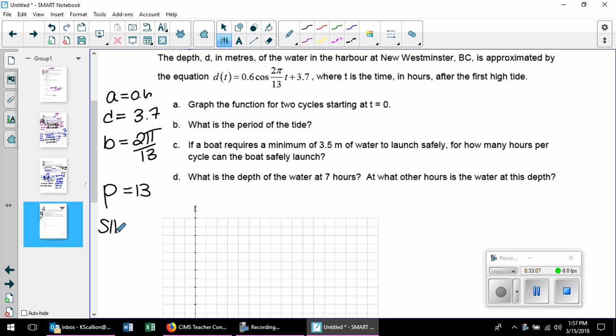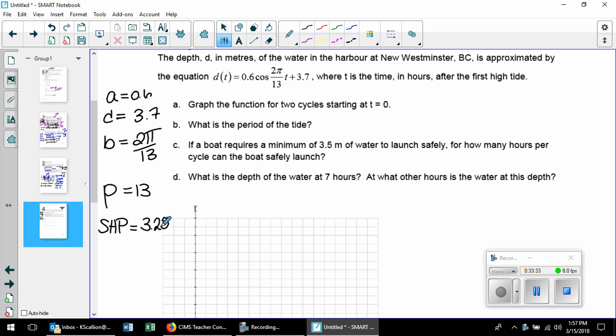So where's my something's happening point? 13 divided by 4. So now all of a sudden we're not dealing with a nice graph. 3.25. This is ugly.